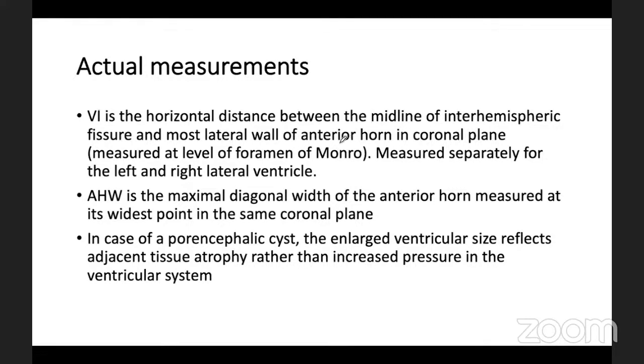You have to measure specifically for the left and the right lateral ventricles. Anterior horn width is the maximum diagonal width of the anterior horn measured at the same point, at the widest point, in the same coronal plane. Sometimes it is very difficult when there is a porencephalic cyst. The enlarged ventricle reflects tissue atrophy rather than increased pressure.